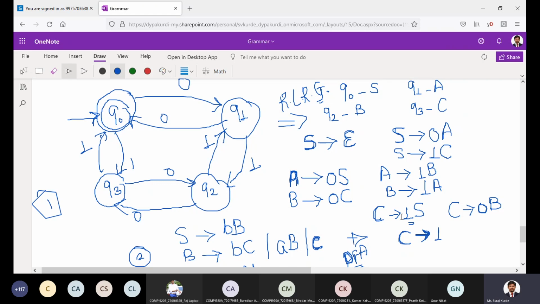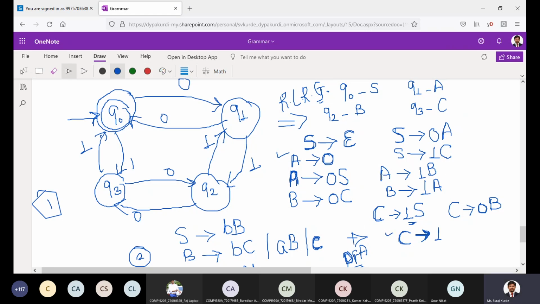Similarly, Q1, which is A, on input 0 goes to Q naught, which is S as well as a final state. So A producing 0. So there are two incoming transitions for Q naught as a final state, so two terminating transitions will be there.